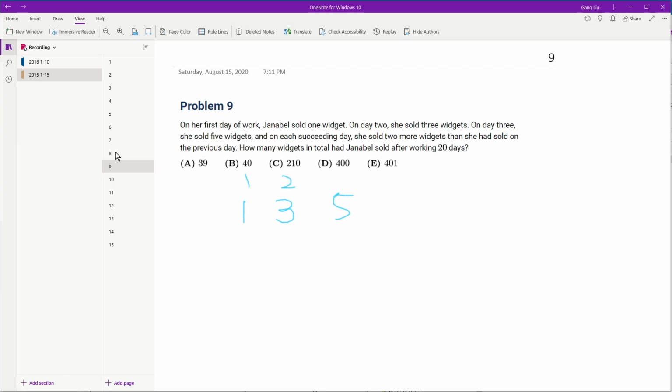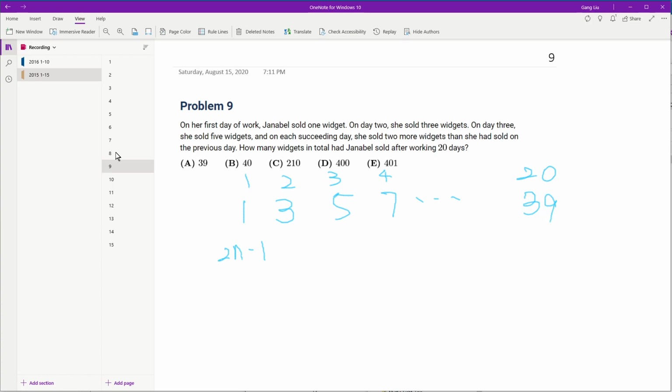So if we label the date and also label the number of widgets she sold, on day 20 she is going to sell, by the formula 2n minus 1, 39.